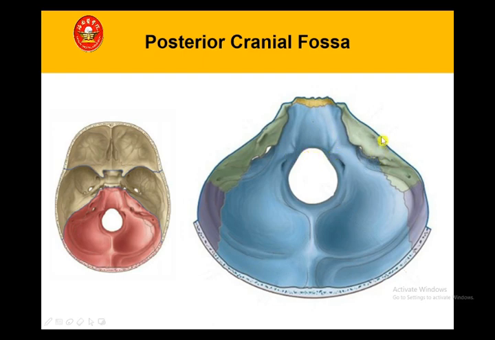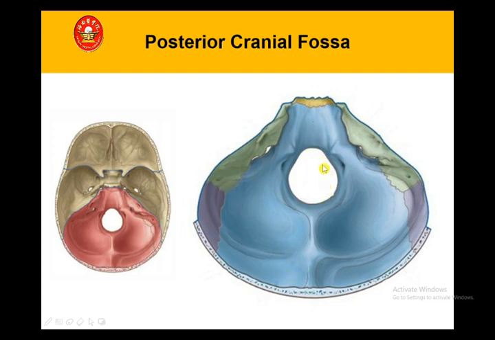We go to the internal acoustic meatus here. We have the jugular foramen, the hypoglossal canal, and the groove for the inferior petrosal sinus. We have the superior border of the petrous part of the temporal bone, and the groove for the sigmoid sinus, which follows an S shape.